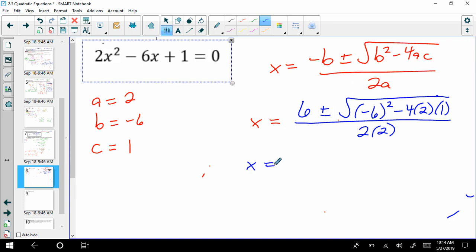Okay, so now we just have to simplify it. So 6 plus or minus negative 6 squared should be a positive 36. Make sure that negative gets included. Positive 36. And then negative 4 times 2 times 1 would be a minus 8. All over 4.